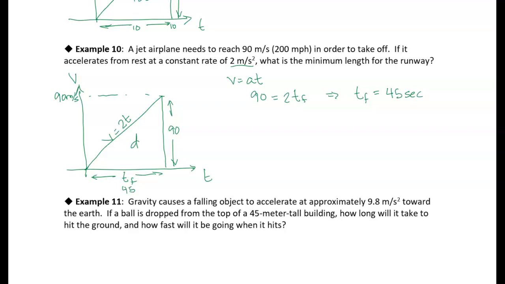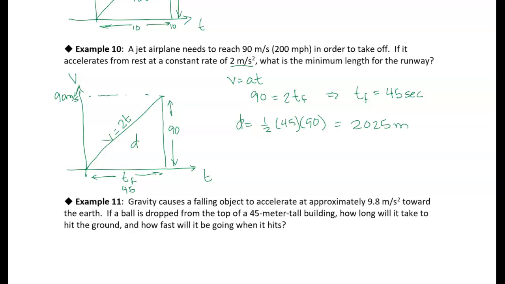Okay. All right, so now we know this is 45 seconds. And now we can find the area under the curve, under this velocity graph, okay? Which is the distance. So the distance is equal to 1/2 times 45 times 90, which turns out to be 2,025 meters, okay? So we have to have a runway at least that long.